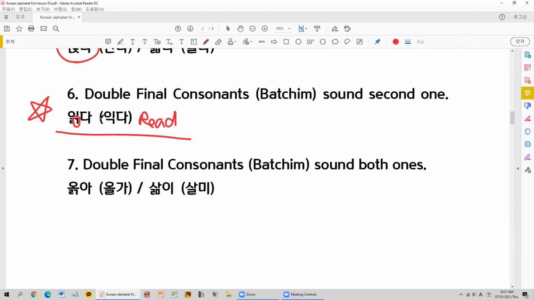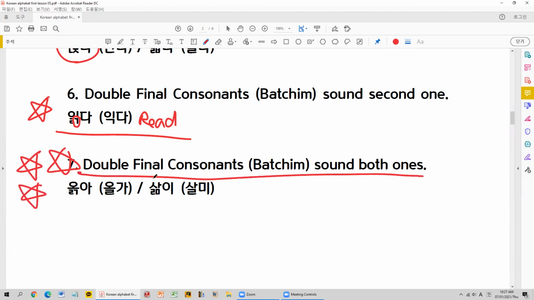But a more important rule is this. So you have to be careful. If there is a double final consonant followed by a circle, you have to read both of them. What this means is this.